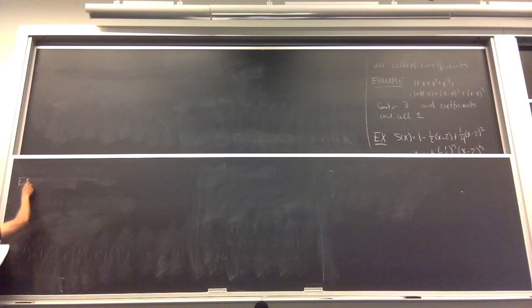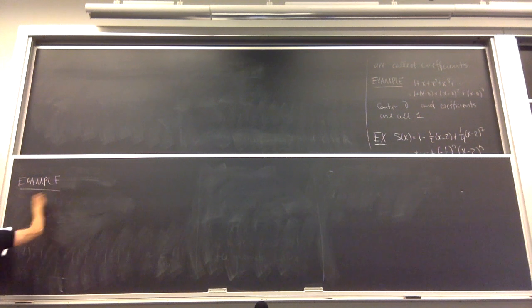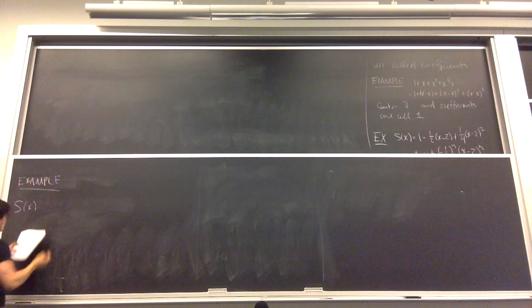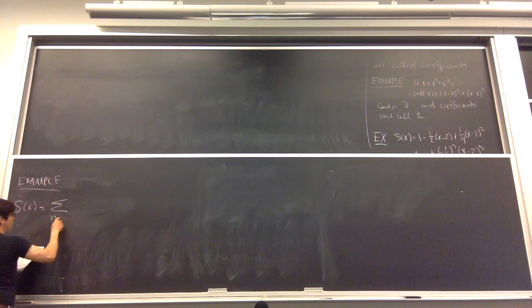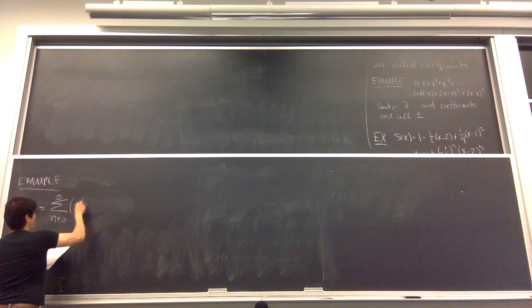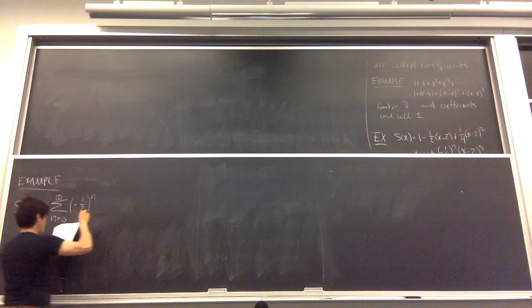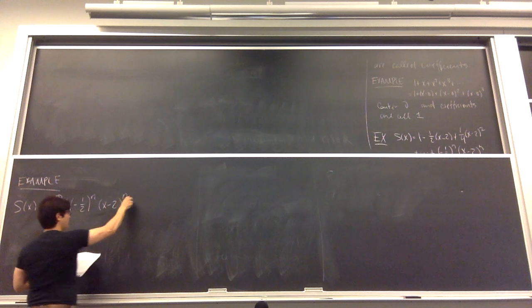Okay, so let's continue. I gave you this sum, or actually, I should be saying this power series, which ends up being the sum from n equals 0 to infinity of (minus 1/2) to the n times (x minus 2) to the n.